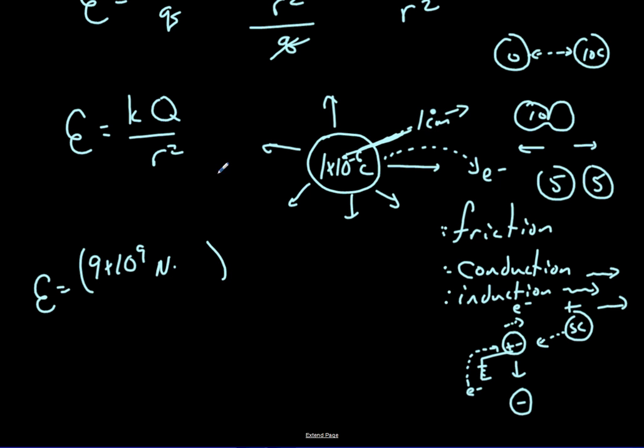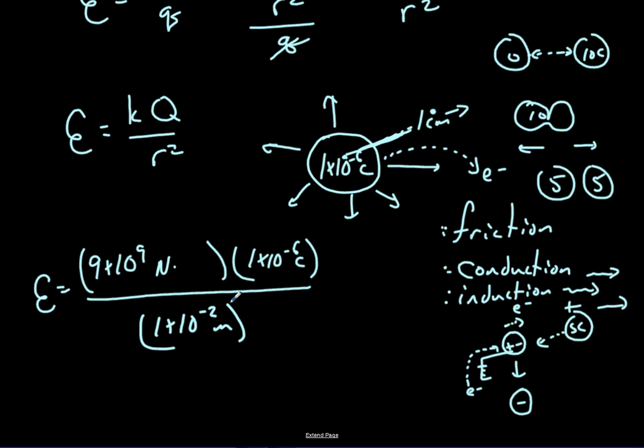Okay. So you've got charge, in this case, 1 times 10 to the negative 6 coulombs. And this is in terms of centimeters, so a centimeter is 1 times 10 to the negative 2 meters. Everything's got to be in meters, kilograms, or seconds, MKS, right? And then square that. So we've got meters squared on the bottom.